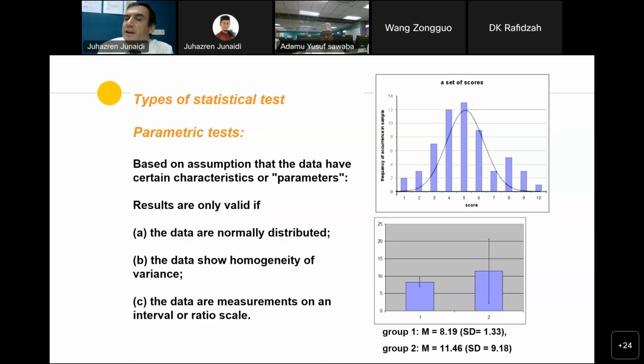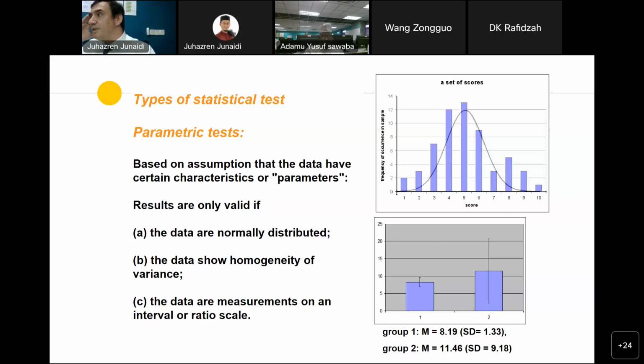tests. We have the parametric tests, okay? What does parametric mean? What is a parameter? It's a measurement, but measurement of what? Parameter is the measurement of something in the population. So it's the value of the population.